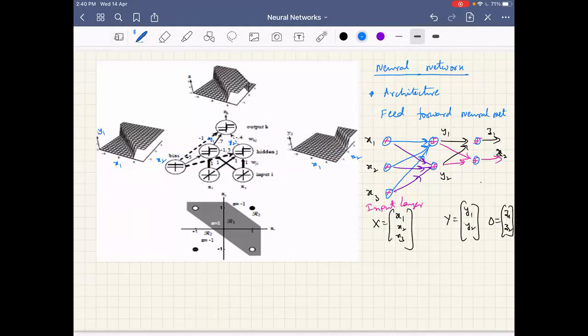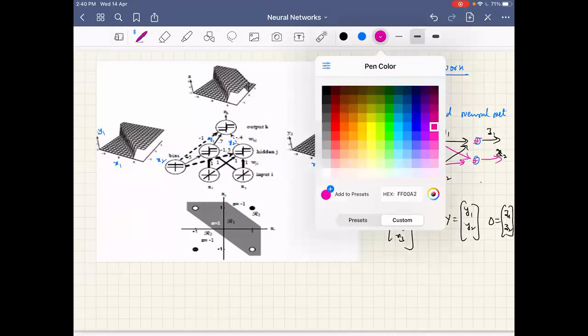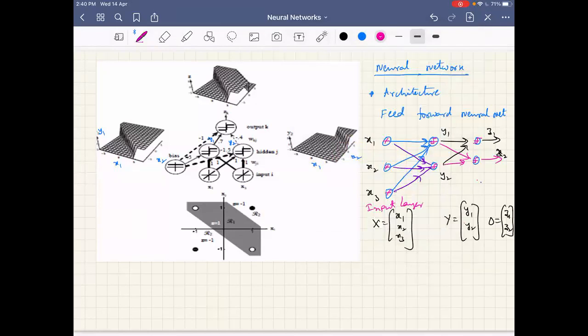Now let us see how the outputs in the hidden layer are connected to the inputs in the input layer. As you know, y is a function of net. So net1, as in the previous example, y is equal to f of net, right?